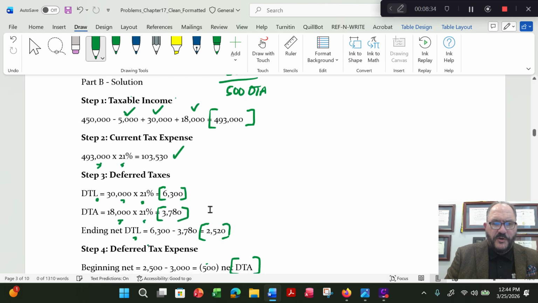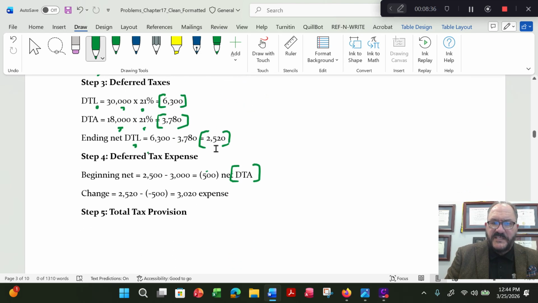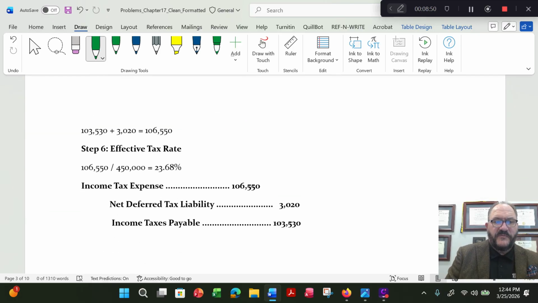Okay, and then when you go down here, everything we had was DTL. So when you subtract it, 2,520 DTL minus the negative 500 gives us a 3,020 tax expense. So our total tax provision is going to be the 103,530 plus the 3,020 for 106,550.